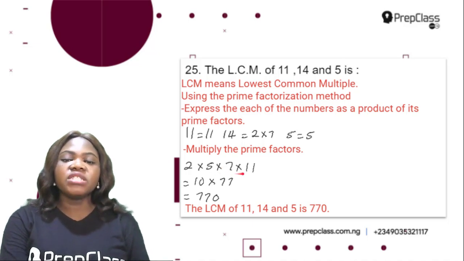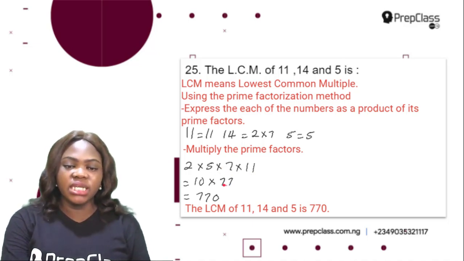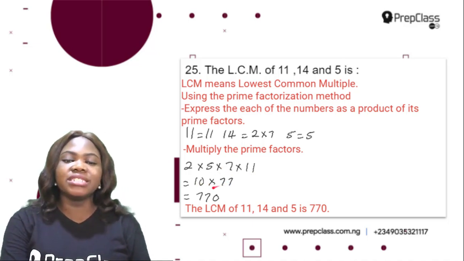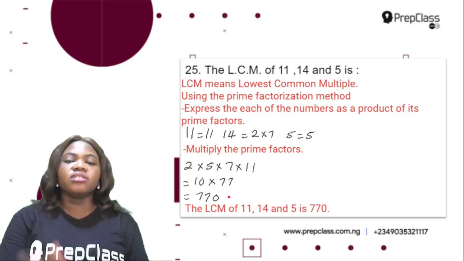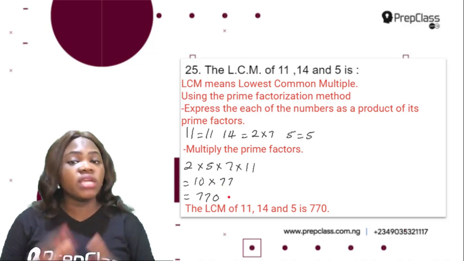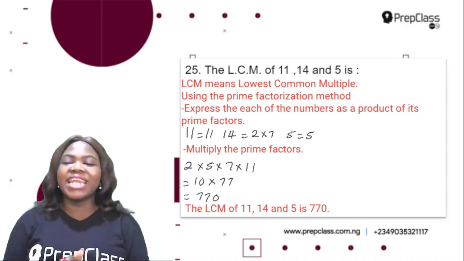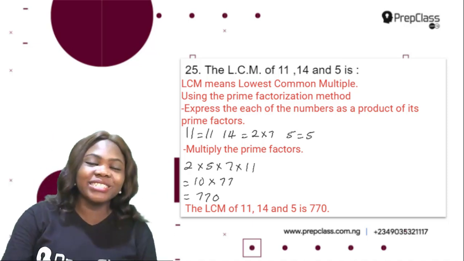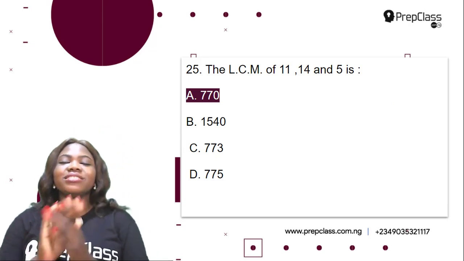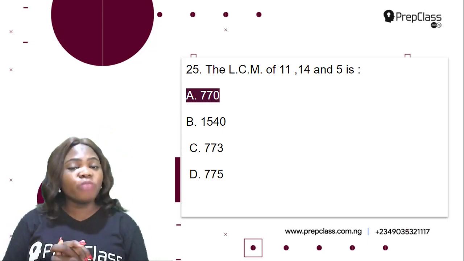Then 7 times 11 is 77. Then 10 times 77 is 770. So this means that the LCM of 11, 14, and 5 is 770. So this is very easy. Okay, so the correct option here is option A, 770. Check.